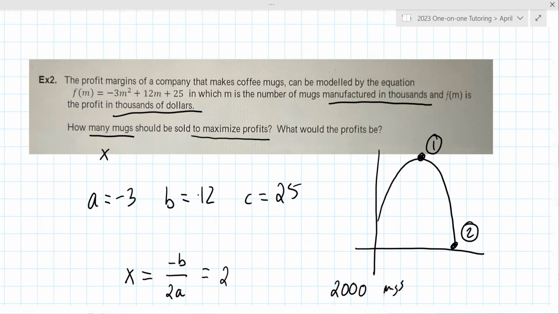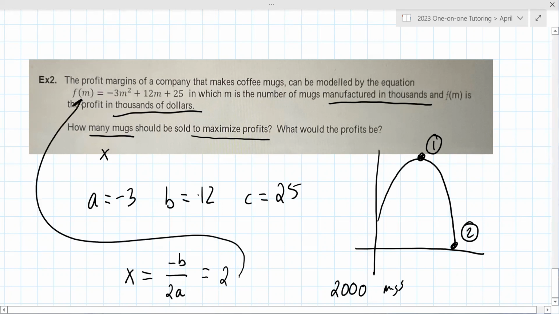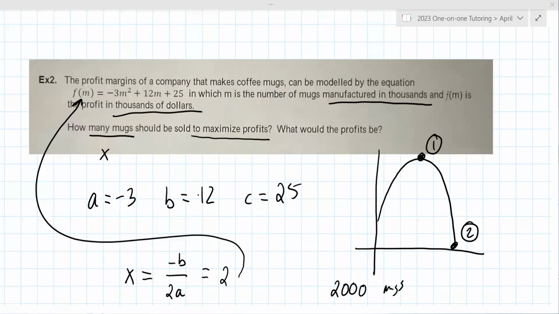Now, since we've got the time, I'd like you to put 2 back in the original function here and figure out what the profit would be.